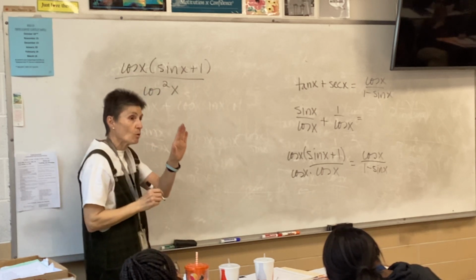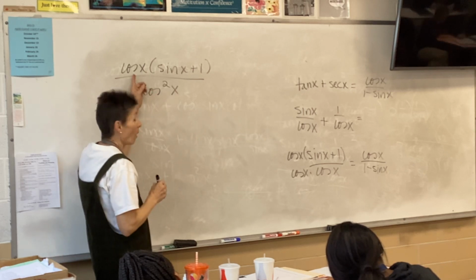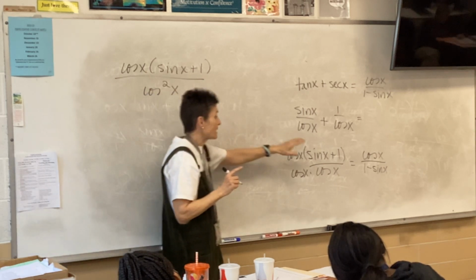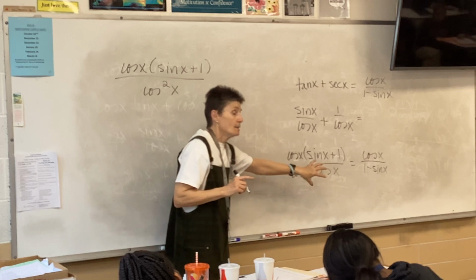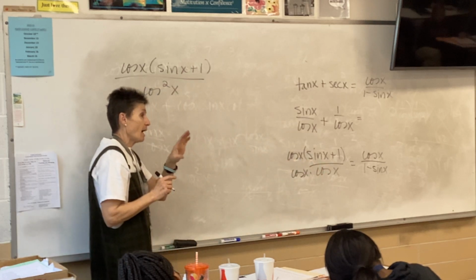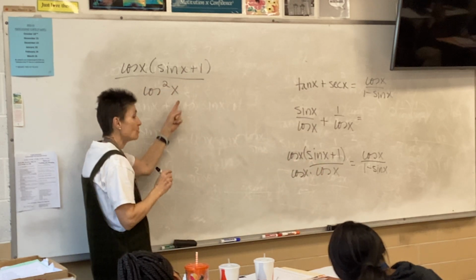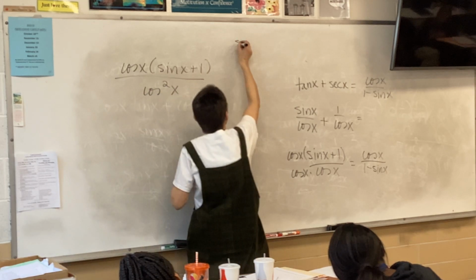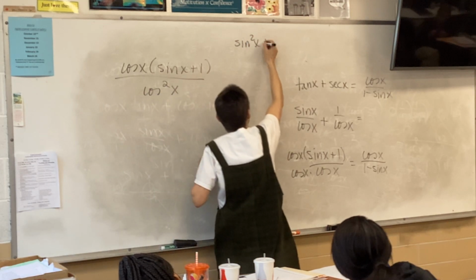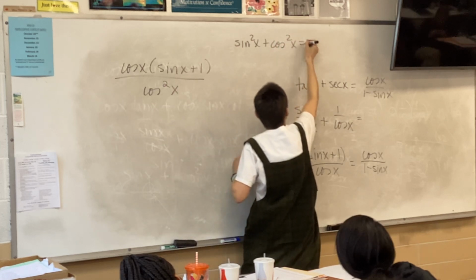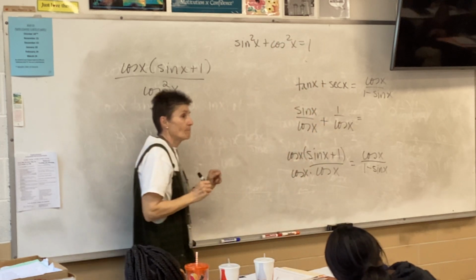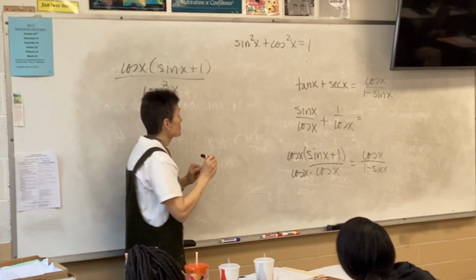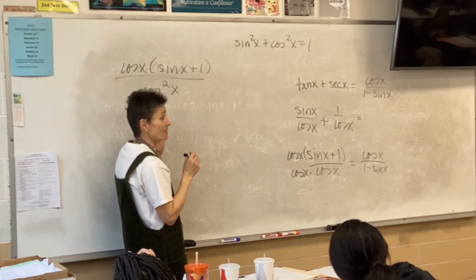Now, please don't cancel, because while you can, that's just going to take you right back to where you were. So instead, I want you to think about cosine squared. What do I know about cosine squared? You add sine squared.